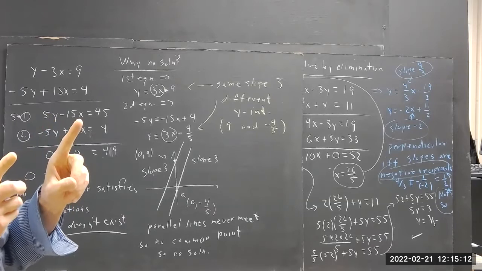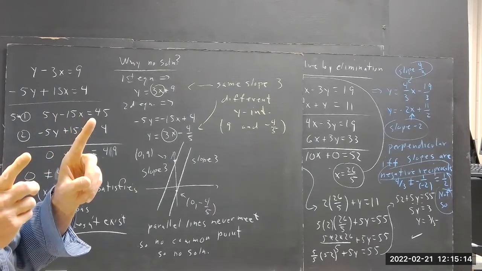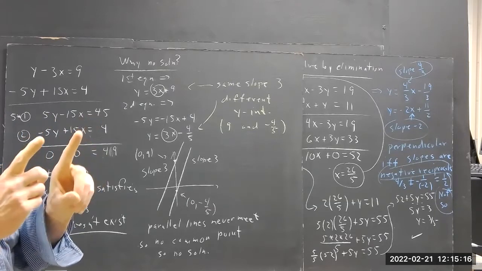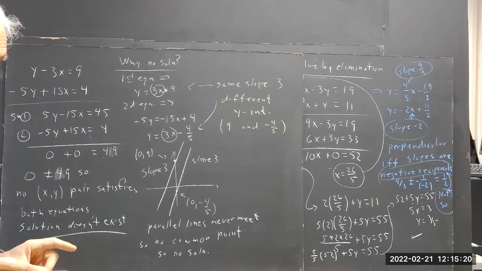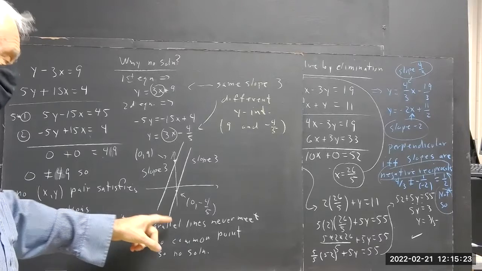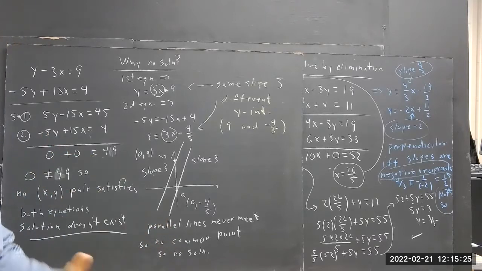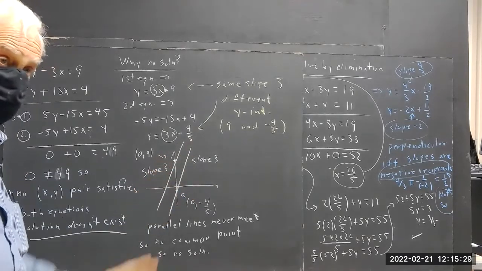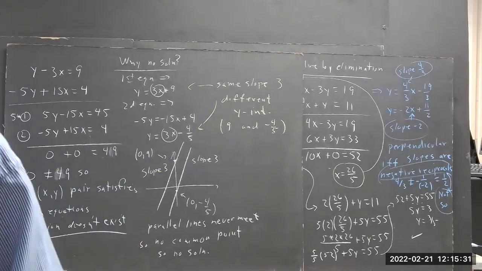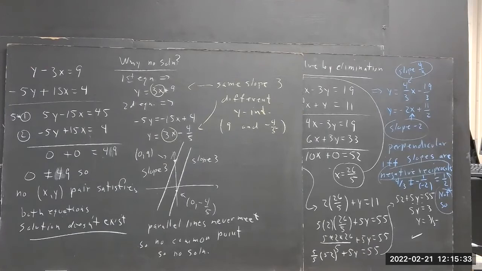And if they don't meet, then there's no solution. In other words, either they have infinitely many common points or they don't have any if they're parallel. Either they never meet or they're the same line. Didn't say that very well the first time, but sort through it.